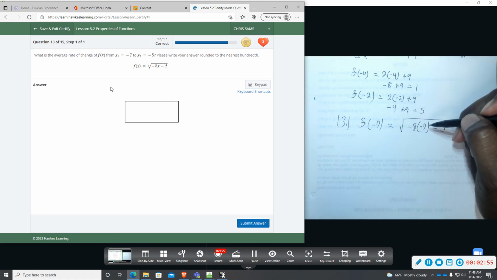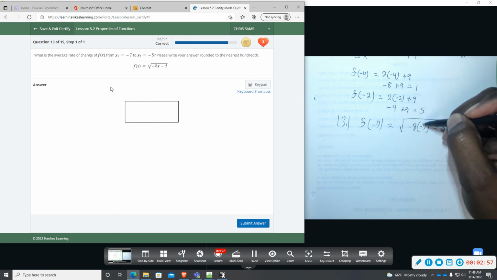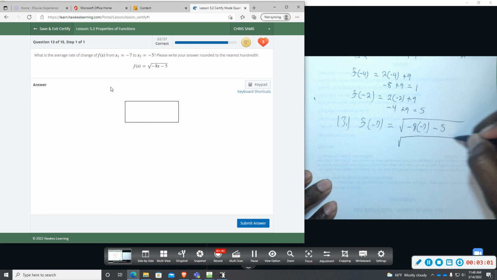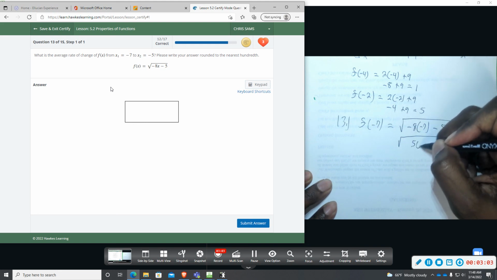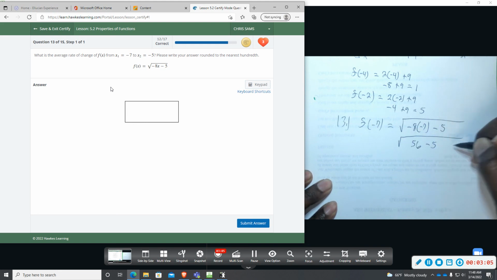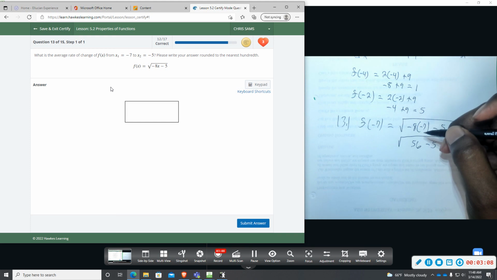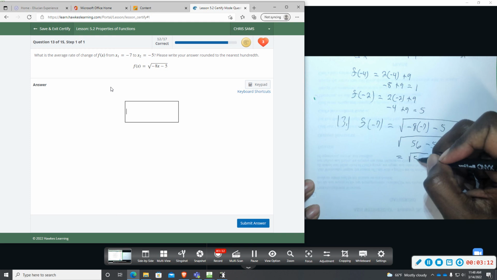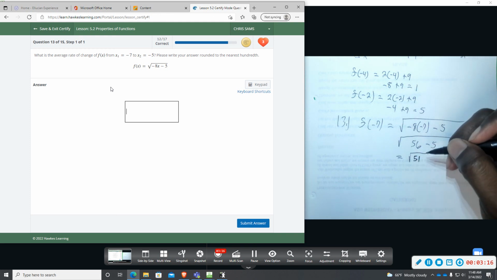This is going to give us a +56. That's the square root of 56 minus 5, which gives us the square root of 51. Won't reduce that right now.